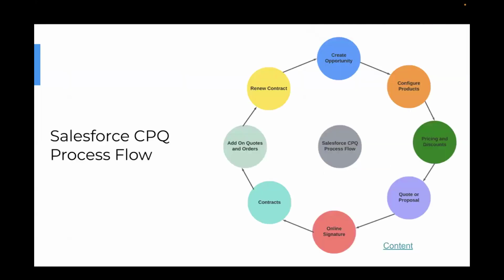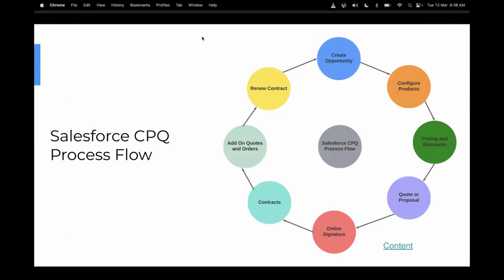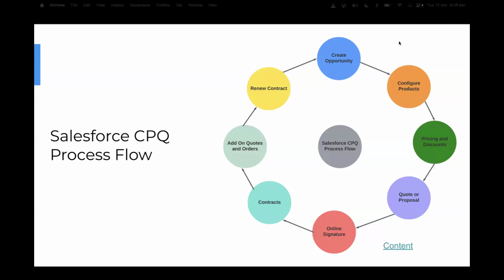Now, let's take a look at how the Salesforce CPQ process flow works. As in our normal Sales Cloud, whenever we are creating a deal, the first step is to create an opportunity. So the first step will always remain the same. First, an opportunity needs to be created.